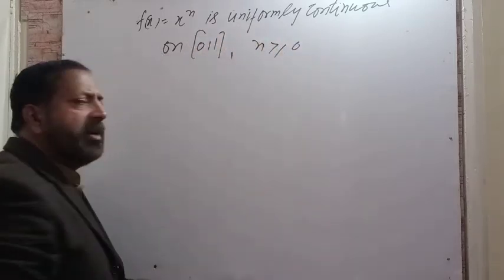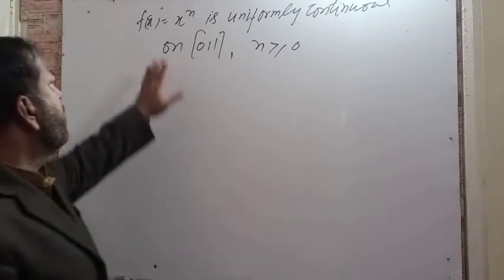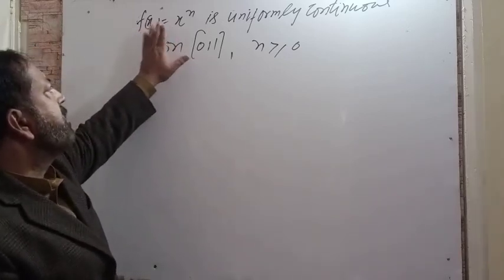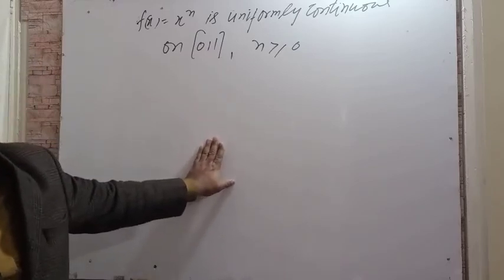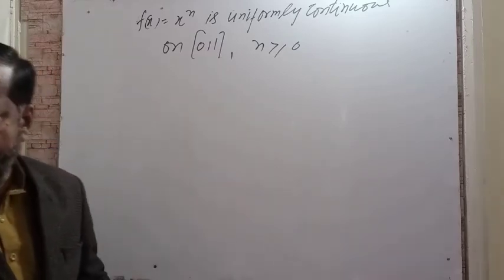This is a polynomial function of degree n, and this function is also uniformly continuous on this domain [0, 1]. It is so easy to show that this is uniformly continuous.